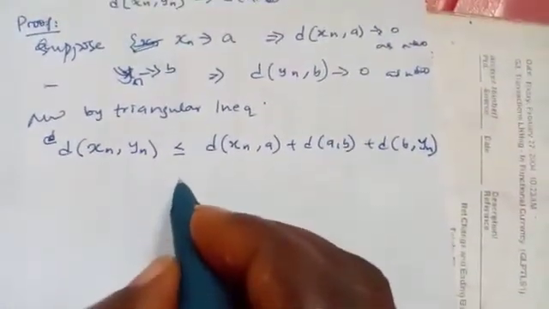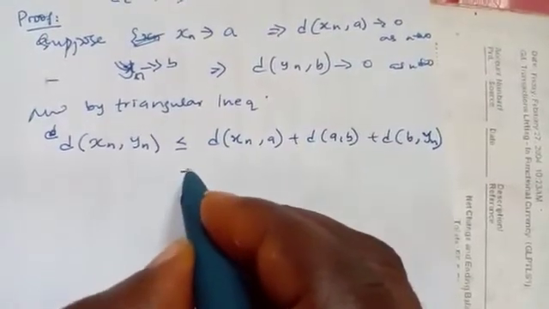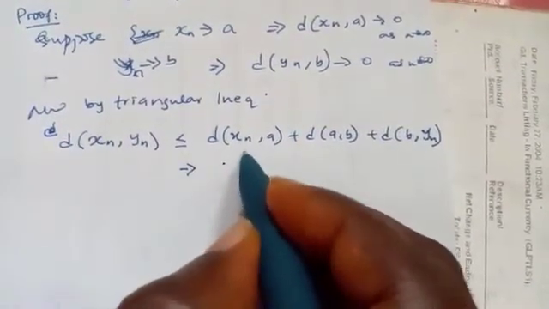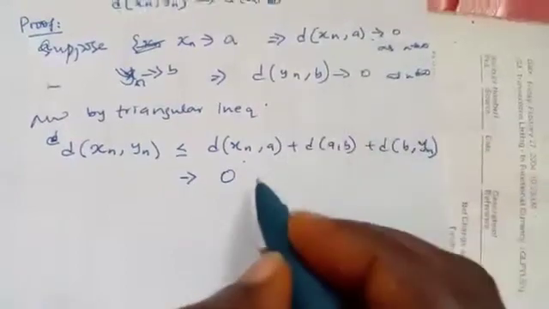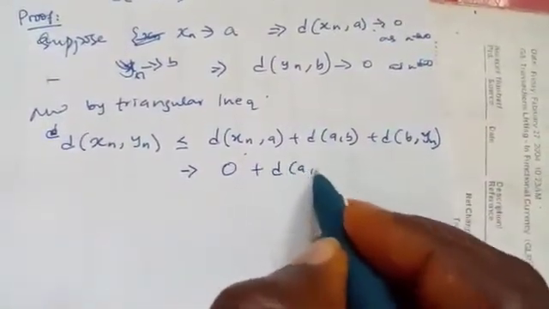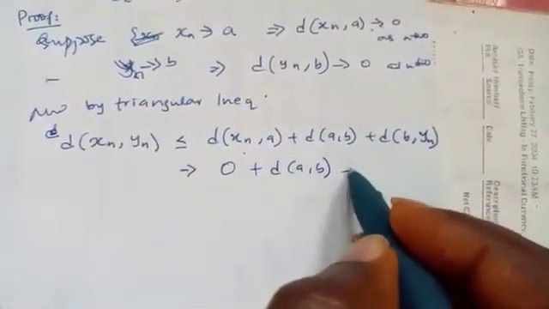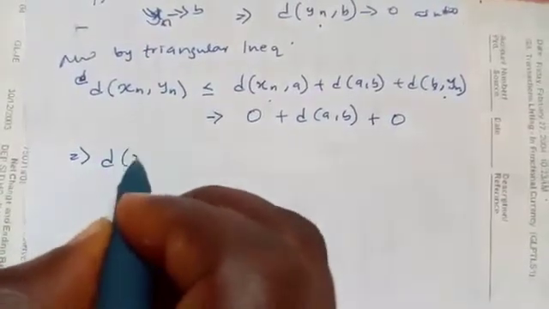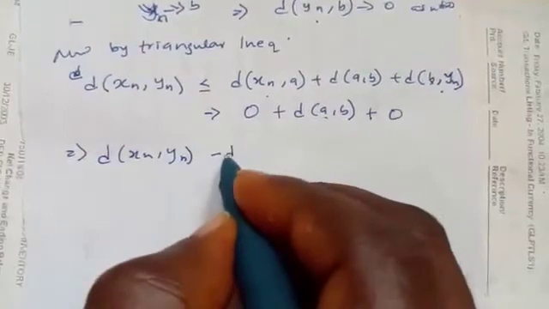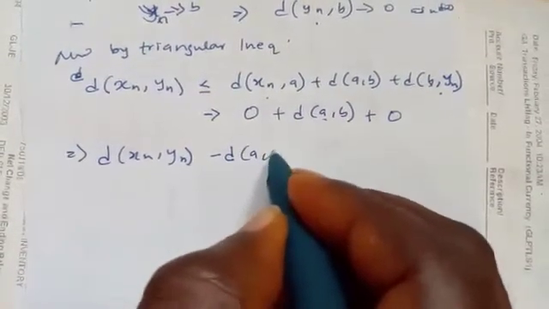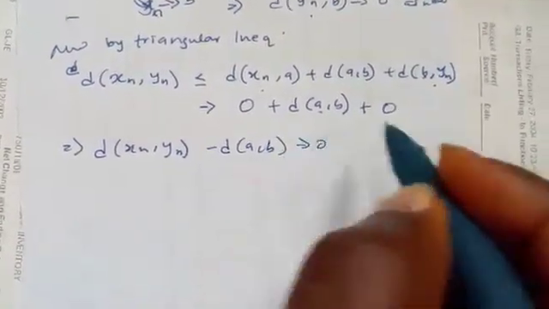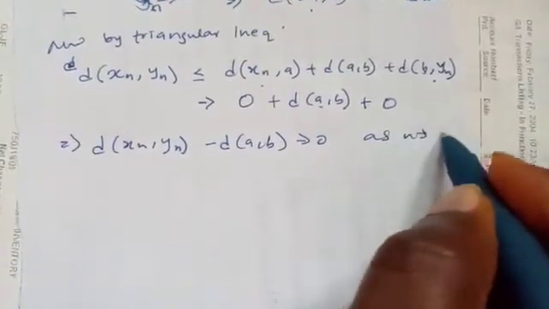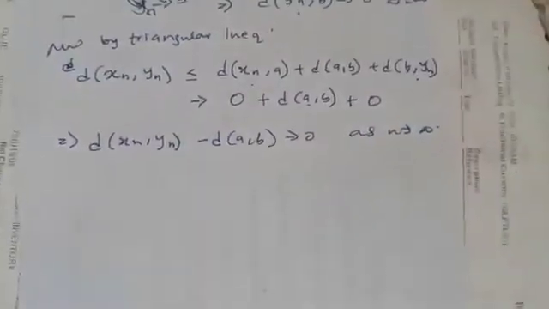So we know that the first one tends to 0, plus d(A, B), plus d(B, Yn), which is 0 too as we have it here. So this implies that if we bring d(A, B) over, we have d(Sn, Yn) minus d(A, B) tends to 0 as n tends to infinity.